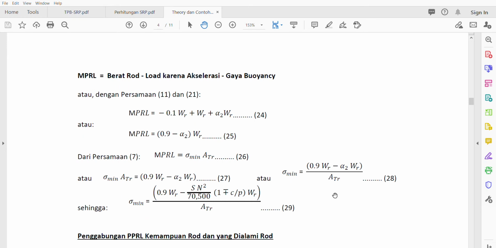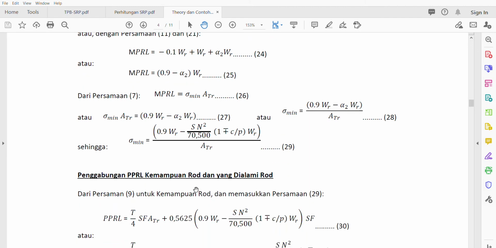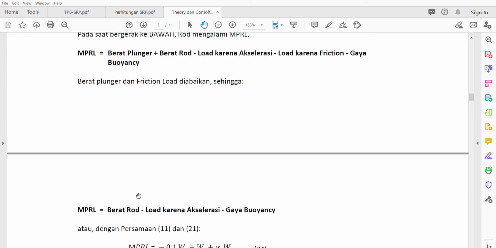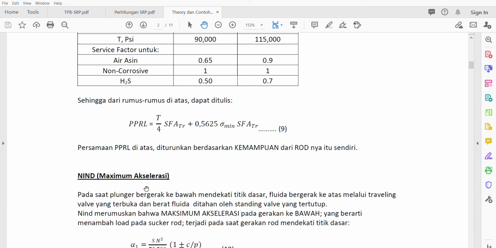Okay, so we have the alpha 2, so we plug in the alpha 2 here. So remember, this is the minimum. Okay, and we combine with equation number 9. What is equation 9? Remember PPRL, the long one here, so we combine it.